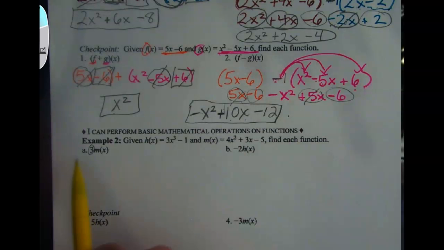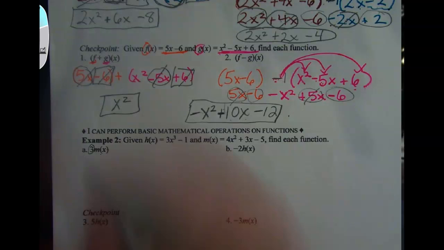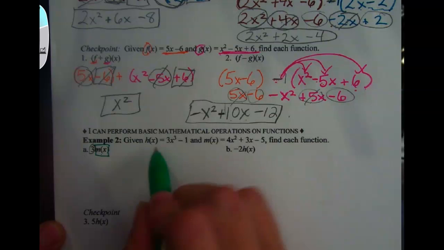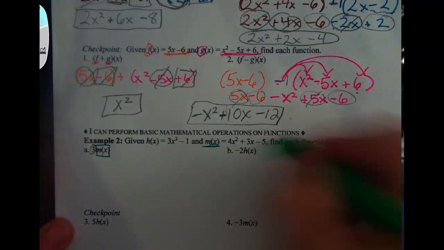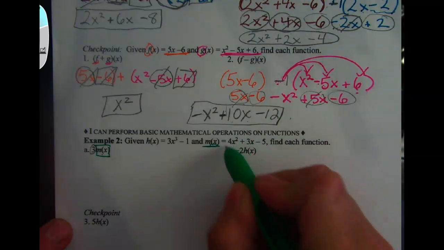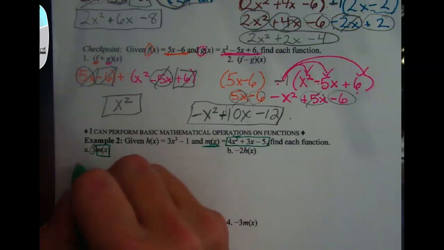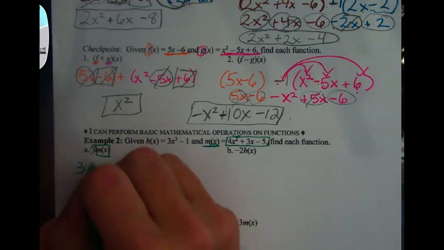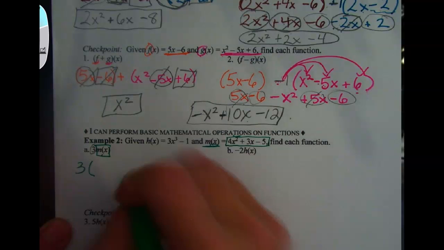So this first one says 3 times this whole entire m of x. If I look up here, m of x, not this one, I'm going to underline in green. It wants me to take 3 times this m of x. So I'm going to do 3, and I'm going to times the whole entire m of x, because that's what it's telling me to do.